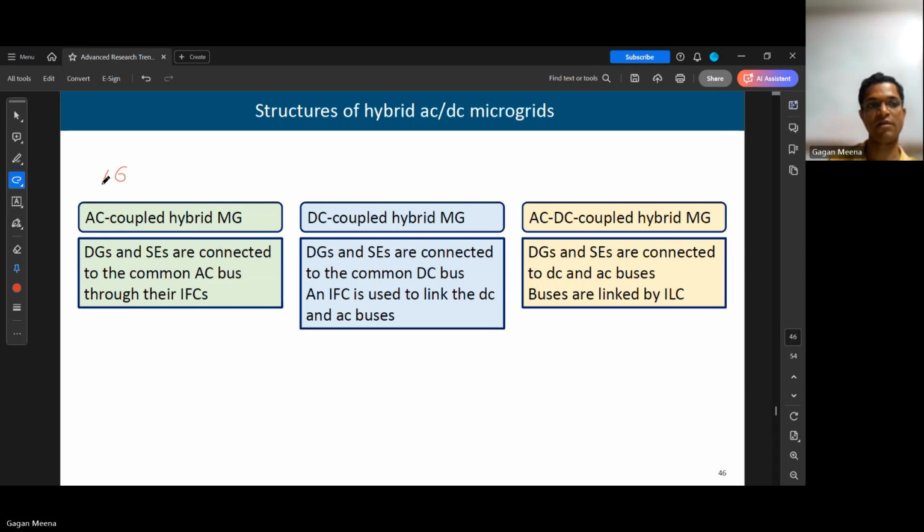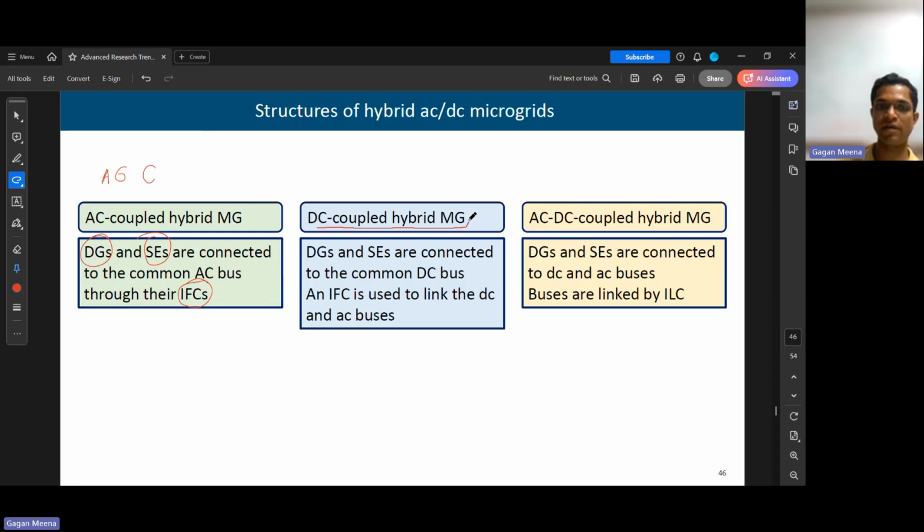Here the DGs and storage elements are connected to the common AC bus through their interfacing converters.